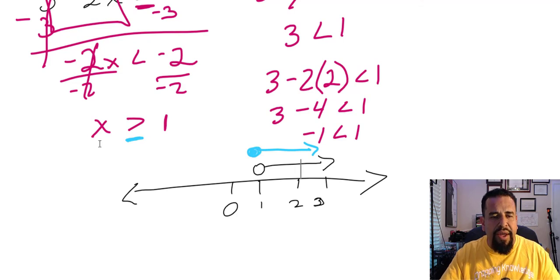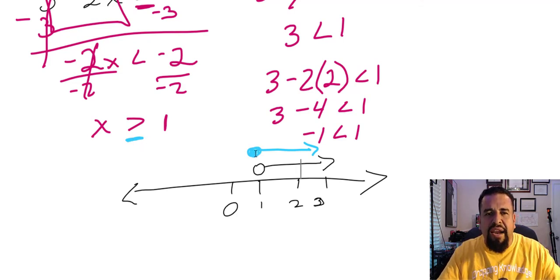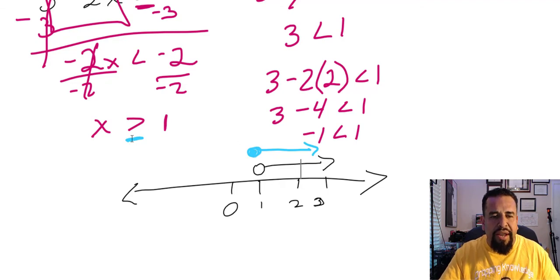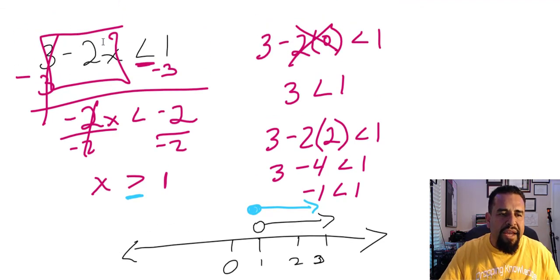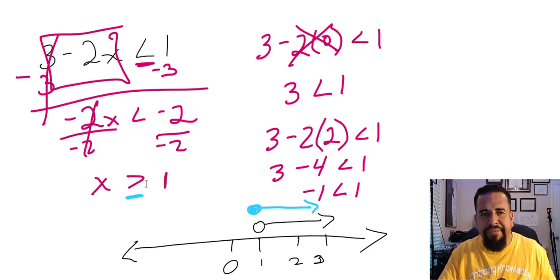So when you have that equal sign underneath, just remember you have a closed or solid circle. When you don't have it, you have an open circle. But the most important thing, remember, if this value here is negative, flip the sign at the end. It was facing this way, now it faces the opposite way. And that is your tip for the day.